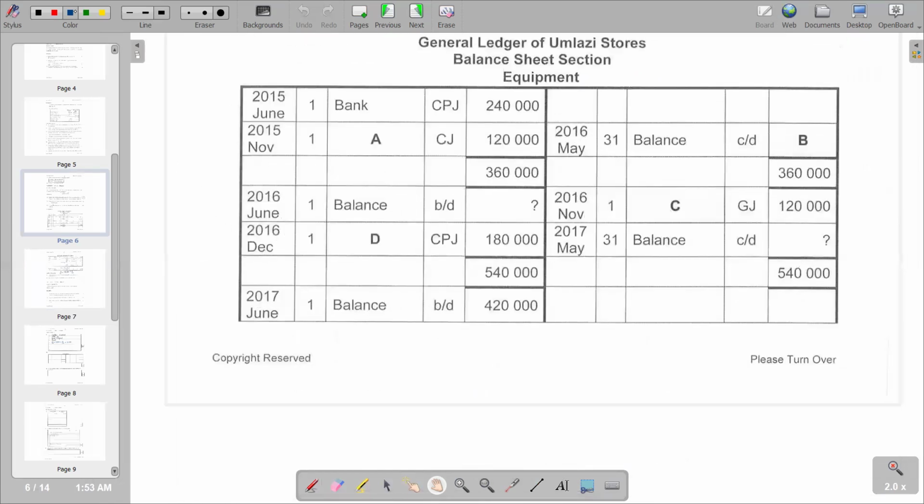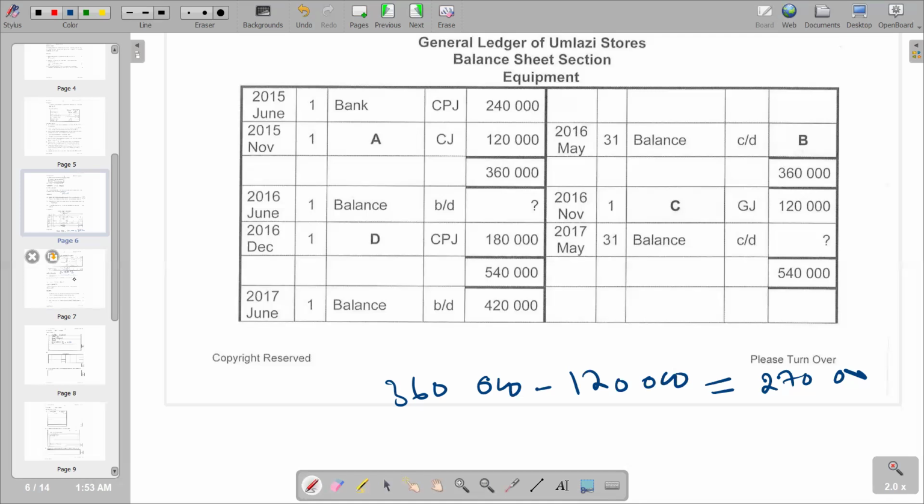So we're going to say 360,000 minus the one that was disposed. You see what we are left with if we subtract there. And then we multiply it by the percentage rate, which is 20%, to find the depreciation for the equipment that were there for the whole year.